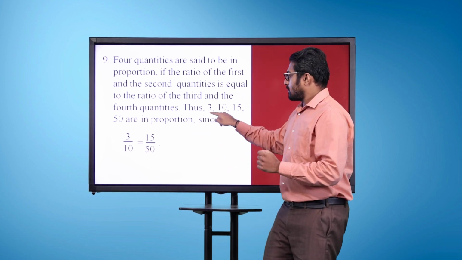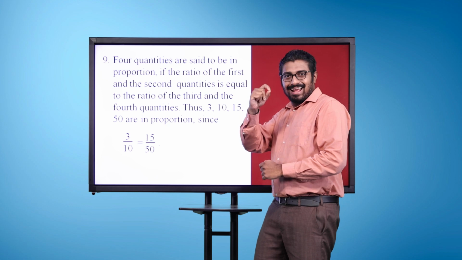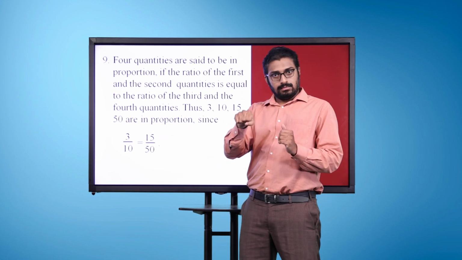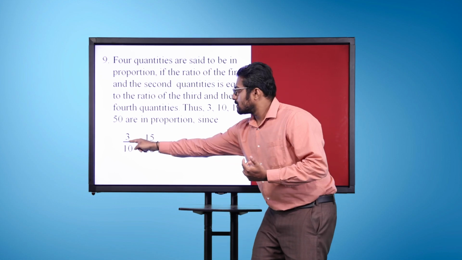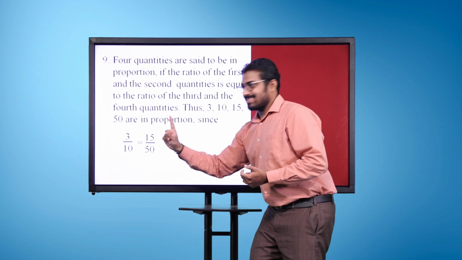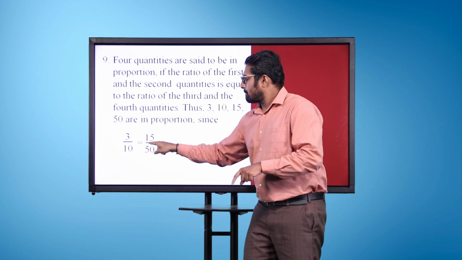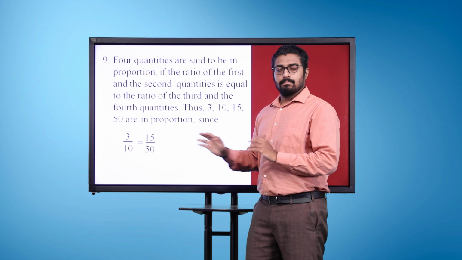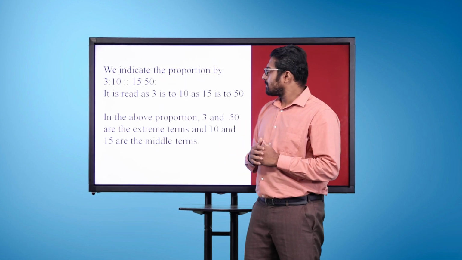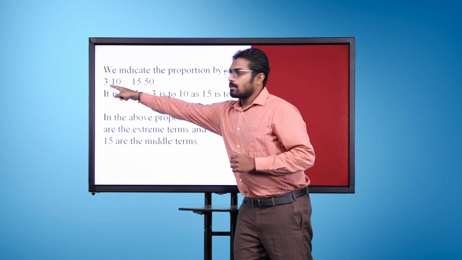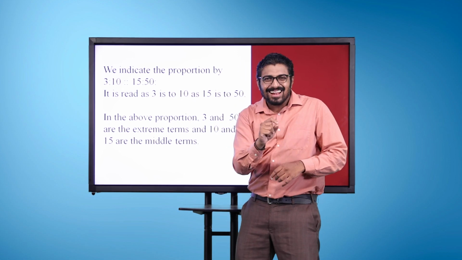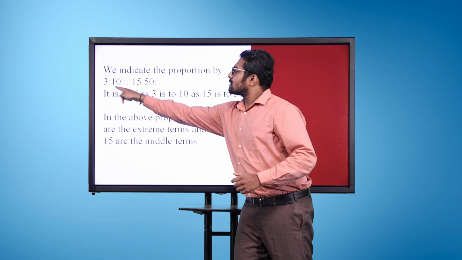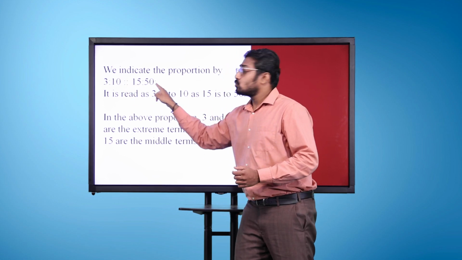Thus, 3, 10, 15, 50 are in proportion, since 3 upon 10 is equal to 15 upon 50. We indicate the proportion by 3:10 double colon 15:50.